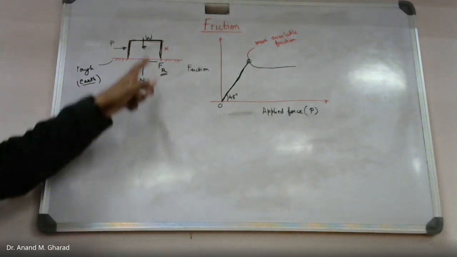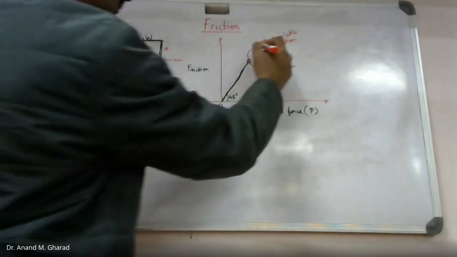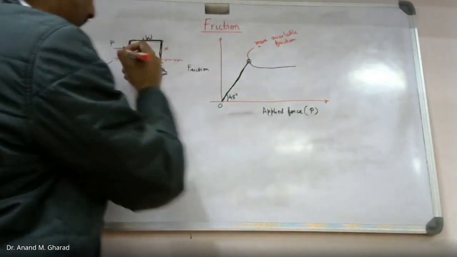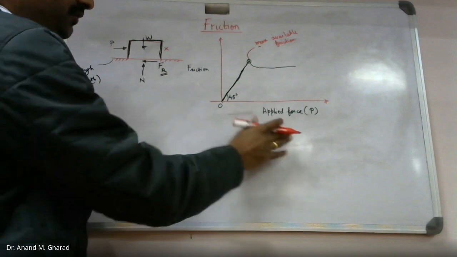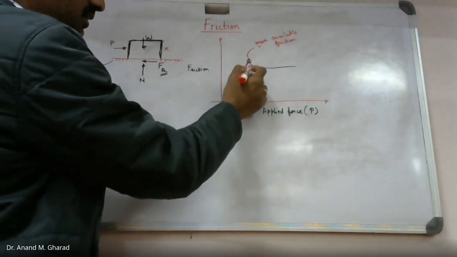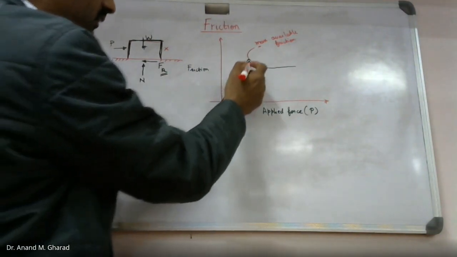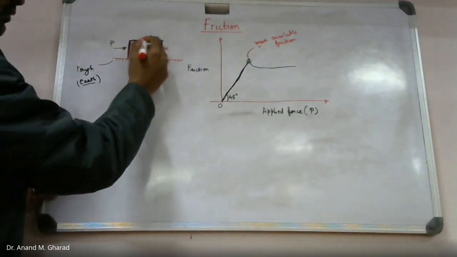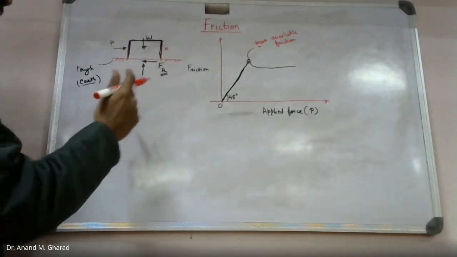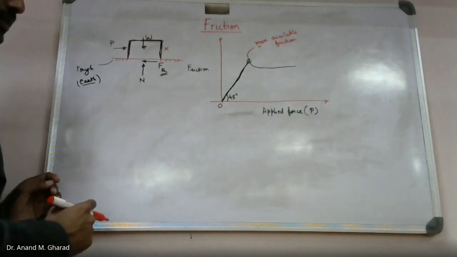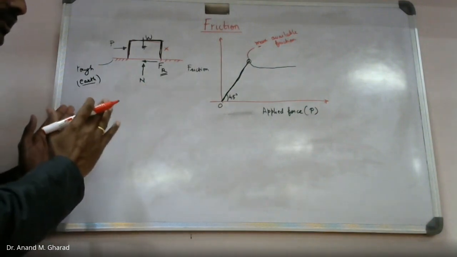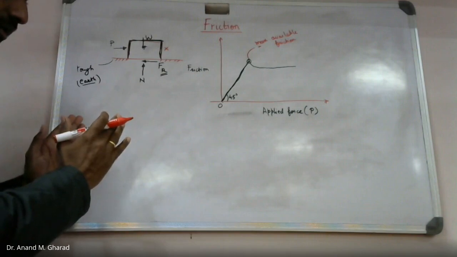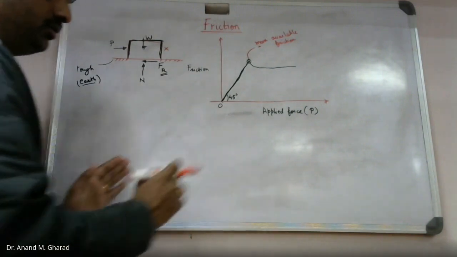Whereas after this point, if we increase the applied force, you will observe the frictional resistance reduces, and because of the reduction of the frictional resistance, the rigid body now tends to move. That means it will lose its equilibrium state and try to get into dynamics.